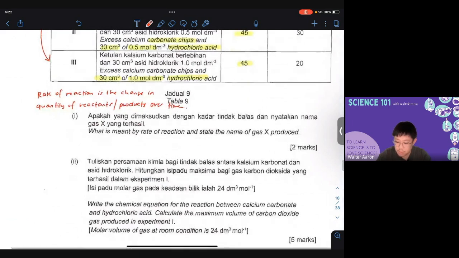Okay, so that'll give you 1 mark, and then gas X produced will be carbon dioxide. But they say name, so you see, when they say the word name, you must put the name. You can't just write the formula. So you put here carbon dioxide. 2 marks.